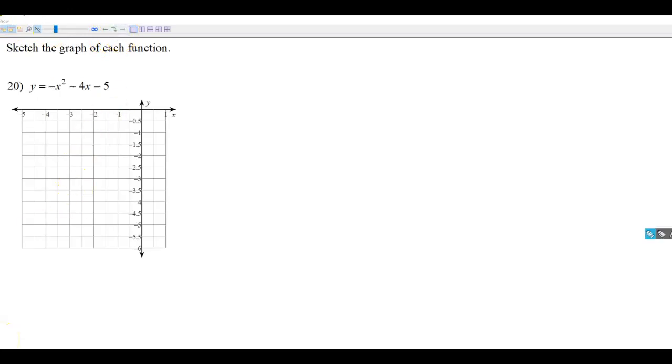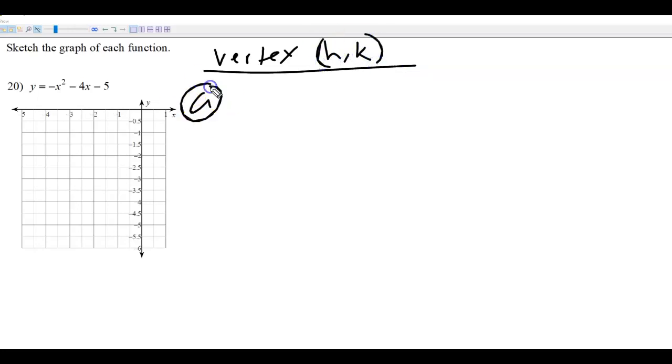So step 1, find your vertex. So part A, h is equal to -b over 2a. My b is -4. a is -1. You guys notice there's no number there.